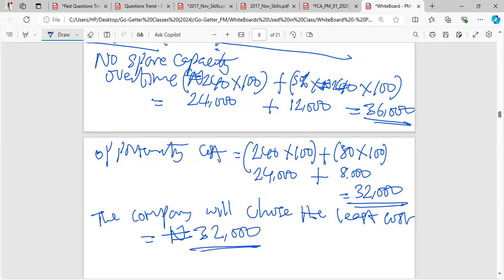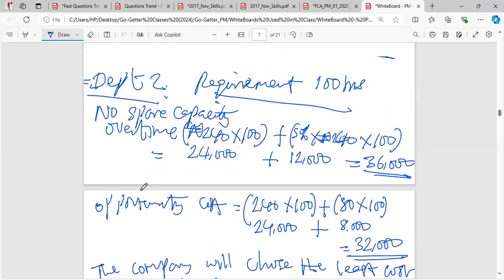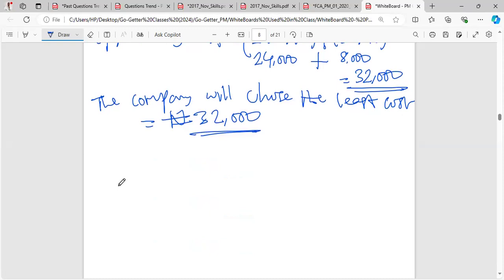So it means that instead of doing overtime and the company spending 36,000, it's better for them to divert the time that would have been spent doing other things to this job and spend 32,000. Now after that, we go to Department 3.